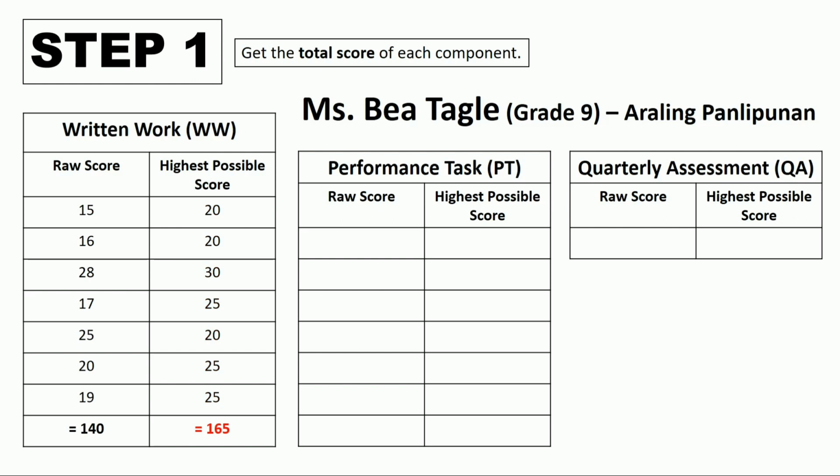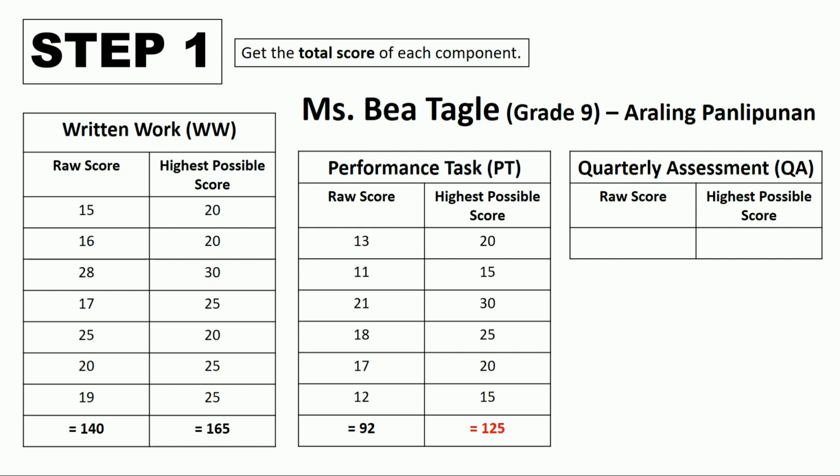Next is the performance task. She was able to comply with all 6 performance tasks as well, and these are the scores. The total of these scores is 92. The next column is the highest possible scores, and the total of it is 125.